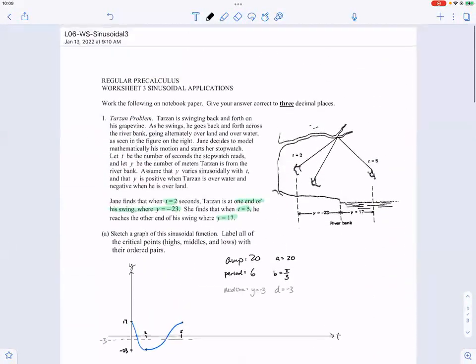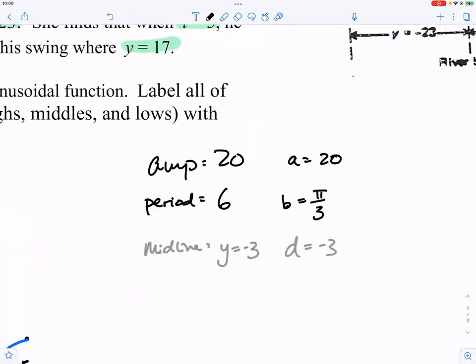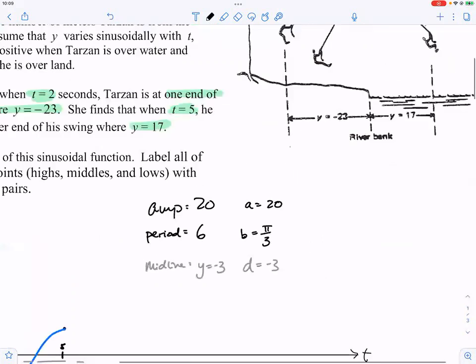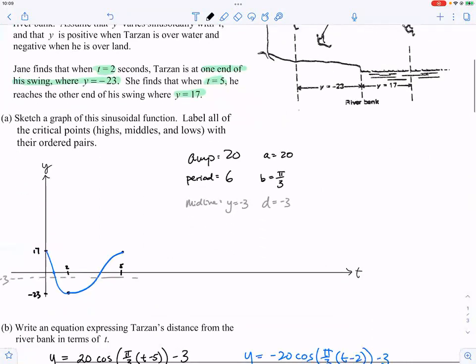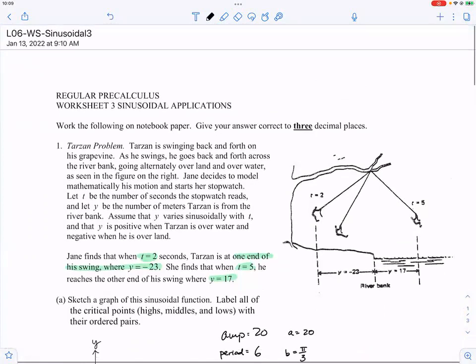Make sure you know the data: amplitude, period, midline, and the shifting. When you get the right equation, make sure to enter it properly, and check the equation before you do any further operations, and that should be good.